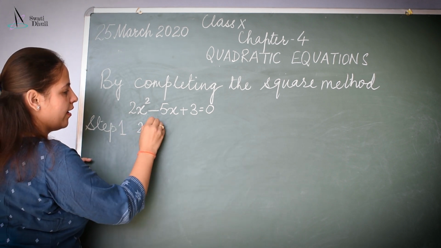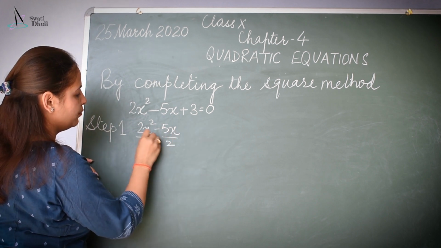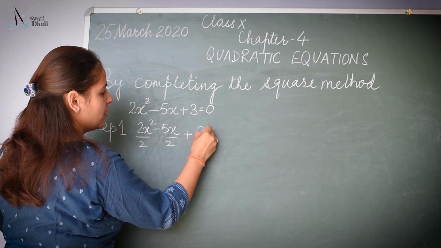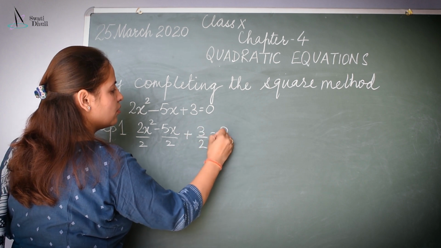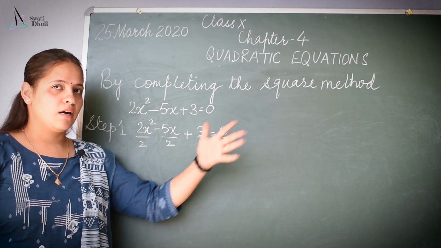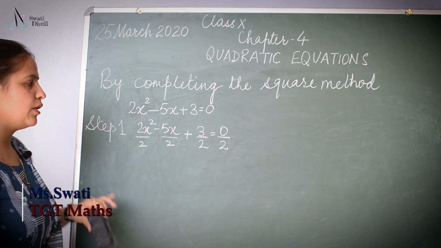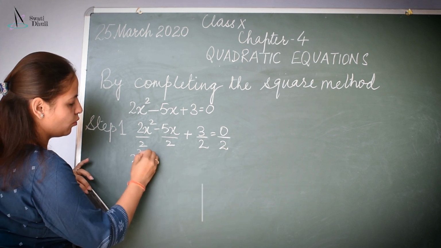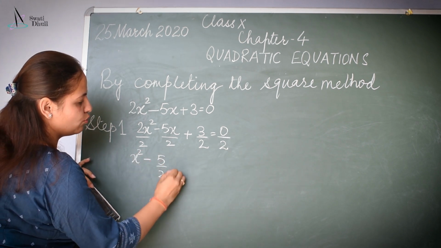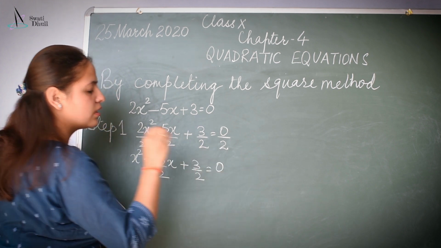So 2x square by 2, minus 5x by 2, plus 3 by 2 is equal to 0 by 2. 0 by 2 itself will become 0, because if I divide 0 by any number, I get 0. So this will become x square minus 5 by 2x plus 3 by 2 is equal to 0.